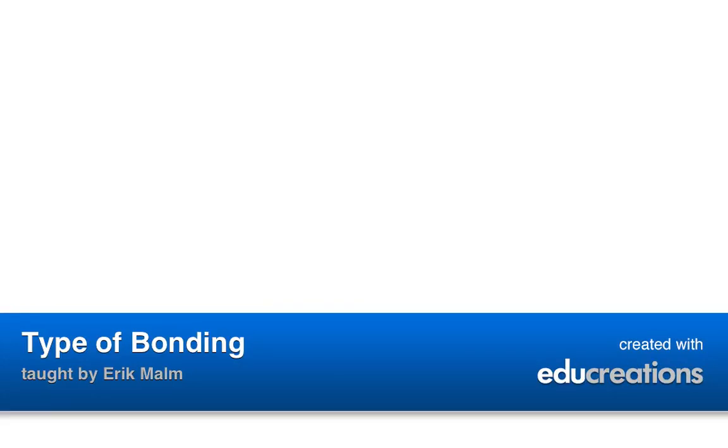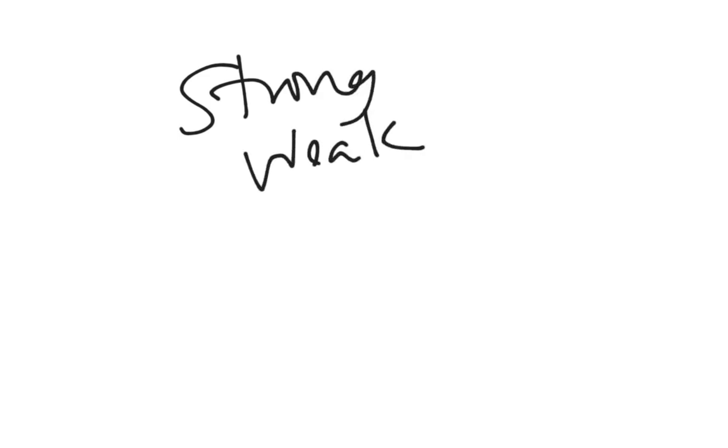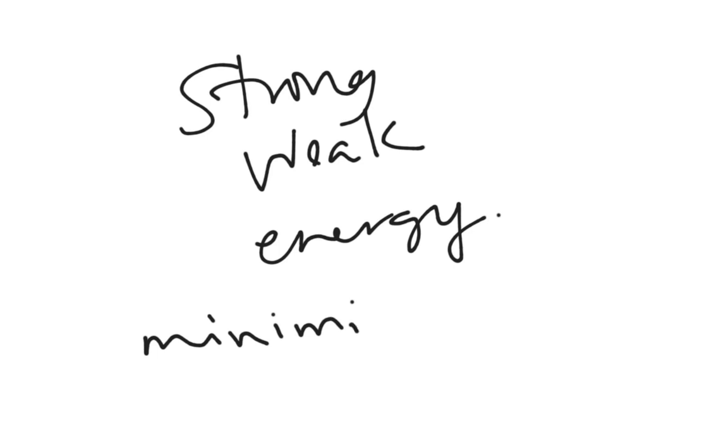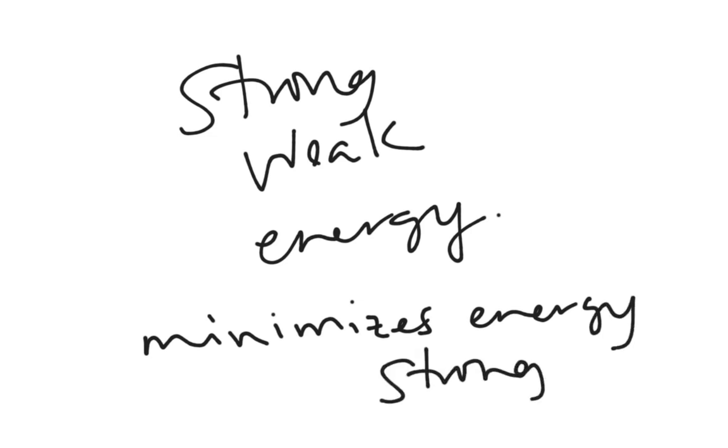Alright, so this week we're going to start talking about bonds. Bonds, we can look at them as being strong or weak, depending on the energy involved in them. If we have a bond that minimizes energy, then it is going to be a strong bond.